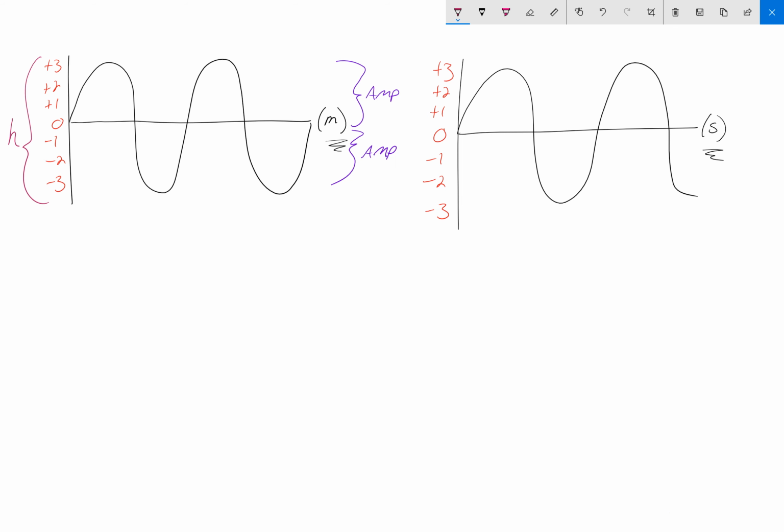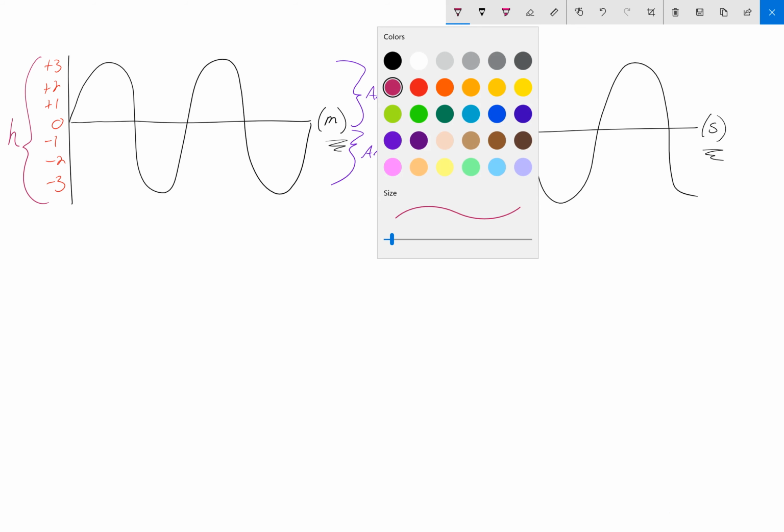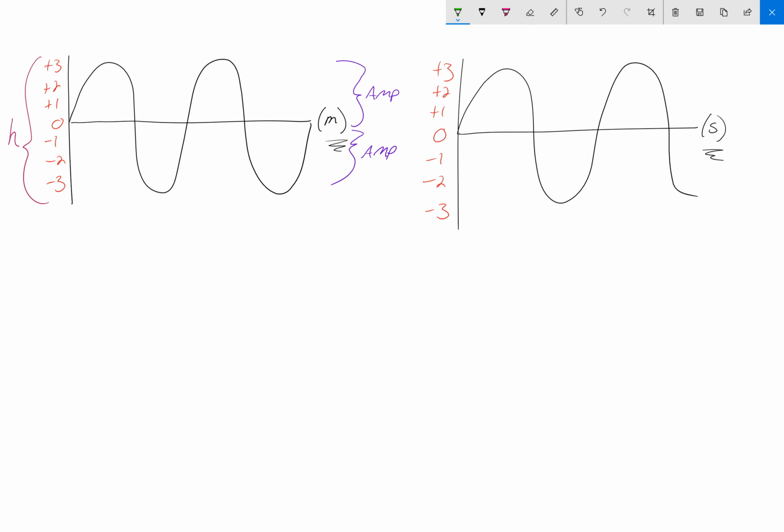So we have to define wavelength. Wavelength is the length of one full wave. And we've already said that could be equilibrium to equilibrium, crest to crest, trough to trough, or the other equilibrium to the other equilibrium. Not my best bracket there, sorry. The symbol for wavelength is lambda. It's like an upside down Y, or it almost looks like a gimel, if you know what I'm talking about, my peoples.